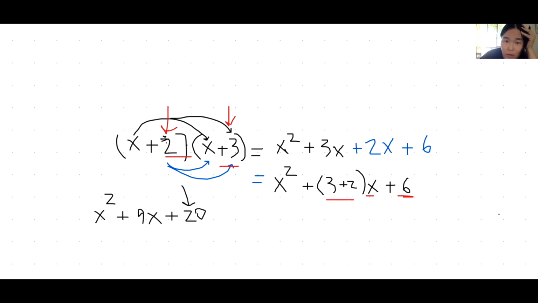We do, like 4 and 5. So I know already that this is going to be x plus 4 times x plus 5. Like this. This is a thing that we are going to use a lot.